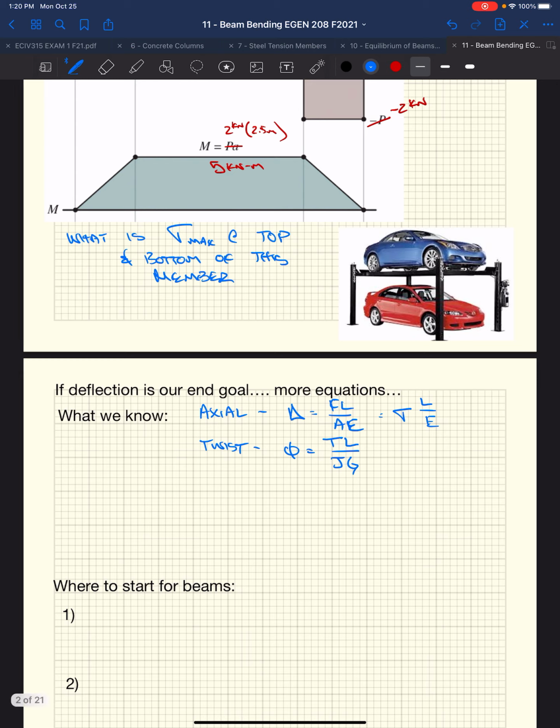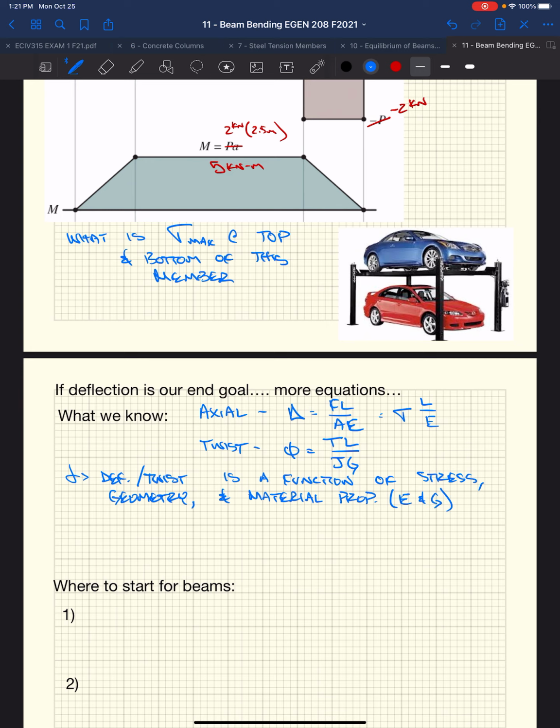So based on these, we know that deformation or twist is a function of stress, geometry, and material properties, right? In this case, E or G, right?